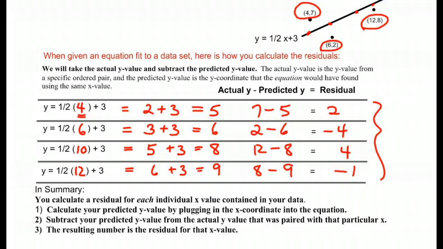And finally, that resulting number, the number you get when you do the subtraction, is called the residual for that x value. So we would say 2 is the residual when x is 4. We would say when x is 6, the residual is a negative 4. So when we read off residuals, it's point by point.